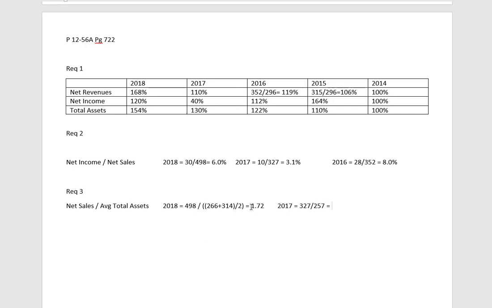That's going to come out to 1.27. And then for 2016, I'm going to do 352 divided by 236, which is equal to 1.49. Okay. So what does this mean, this 1.49, 1.27, 1.72?